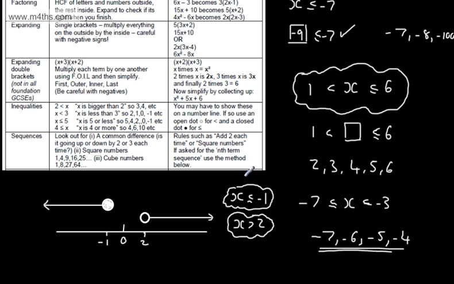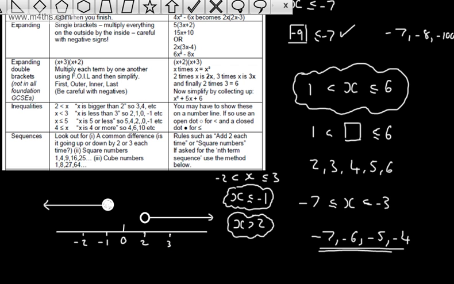Okay, let's do this one. Let's say that x is going to be greater than minus 2, yet in turn equal to or less than 3. We locate minus 2 and we locate 3. So I'm going to put this on. This is going to be now minus 2, and we're going to have now positive 3. I appreciate that this isn't very accurate, but in the exam you will be given now a grid or some form of graph to draw this on.